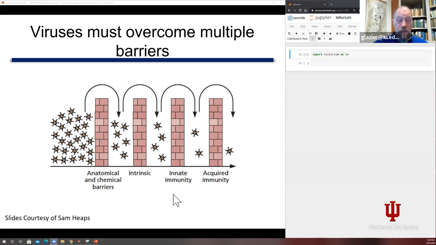The number of different strains of virus and the number of individual viruses in 1 little milliliter of seawater is amazingly large. And the bacteria and microbes that live in seawater are fighting a continual battle with viruses and actually have relatively short lifetimes because there are so many viruses in seawater.